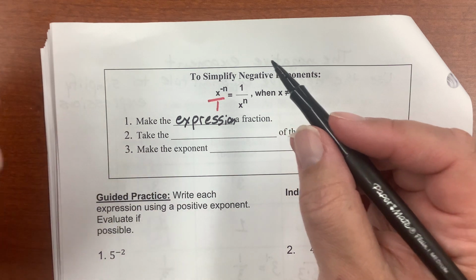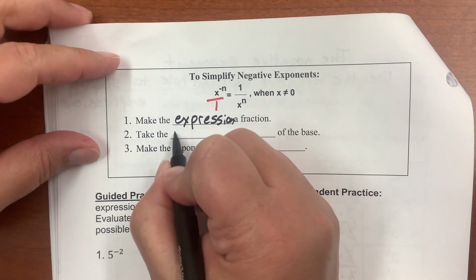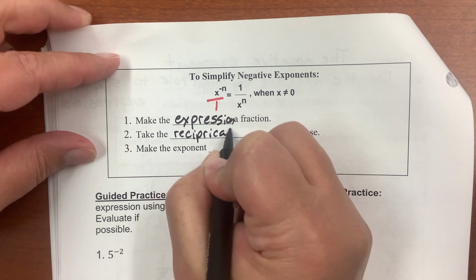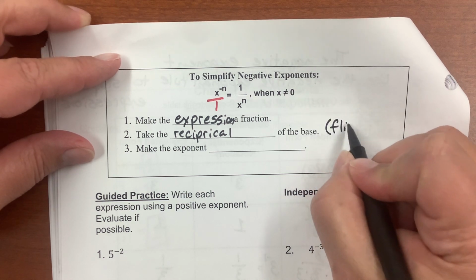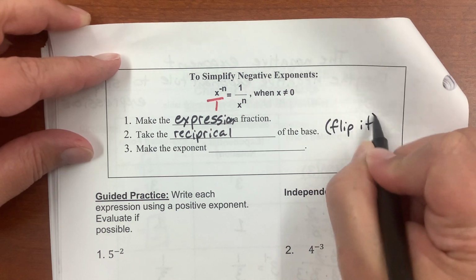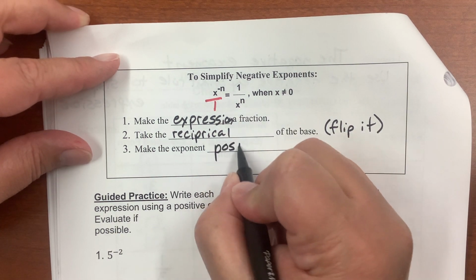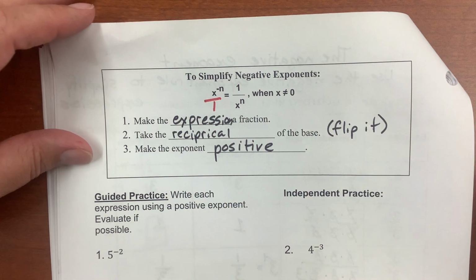You're going to do the reciprocal of the base. In other words, flip it. And then make the exponent positive, because once you flip it over, the exponent becomes positive.